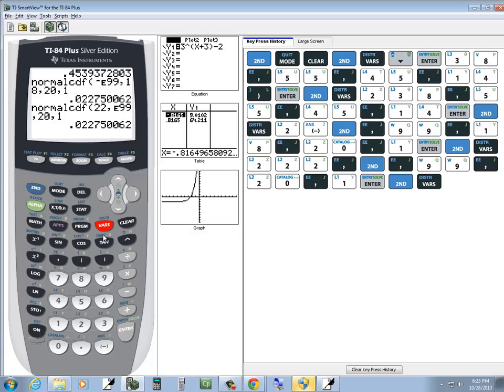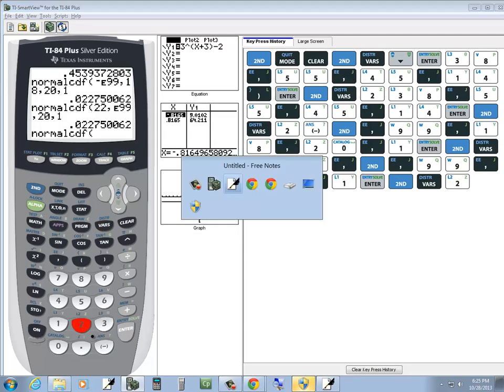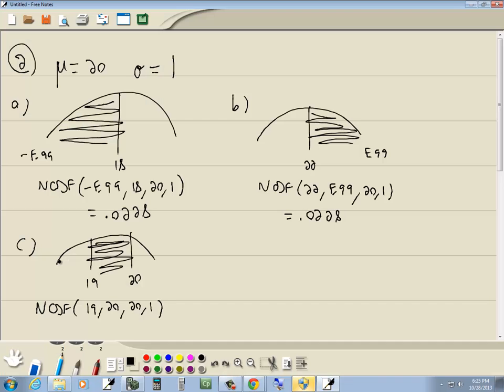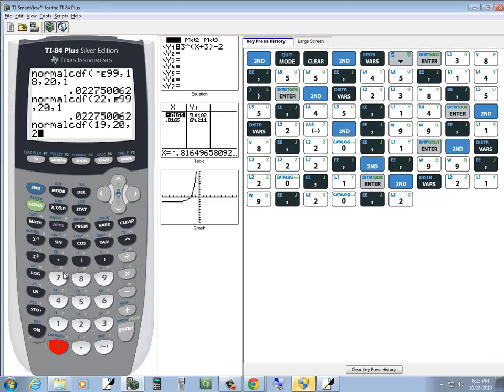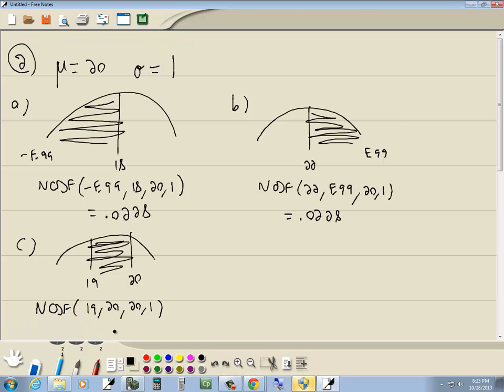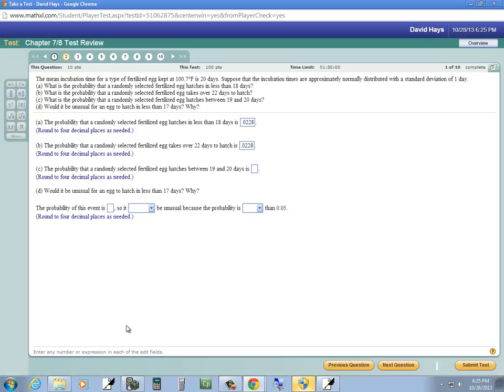So do second vars. Choose normal CDF. 19, comma 20, comma 20, comma 1. 0.3413.